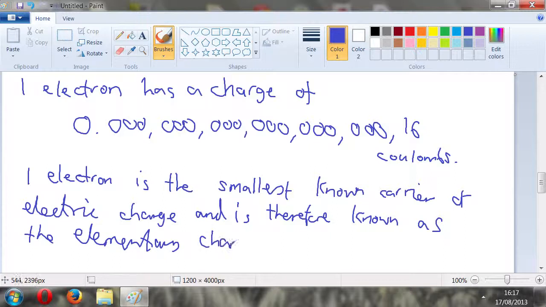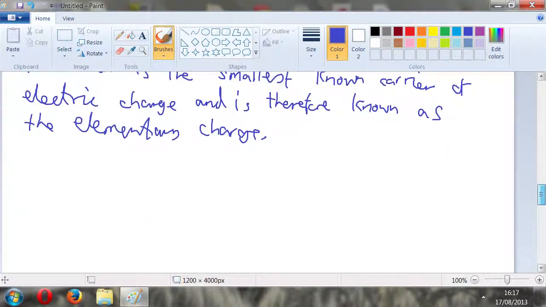It's the smallest carrier, so nothing can be smaller. Well, I don't want to say that really, but it is the smallest known carrier, I suppose.